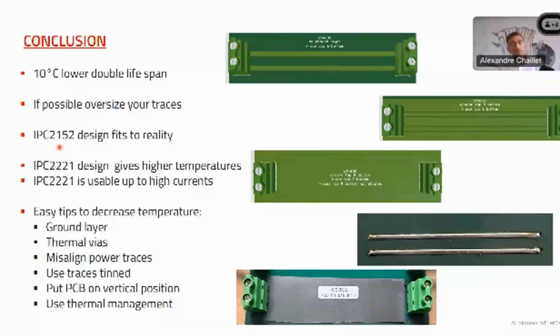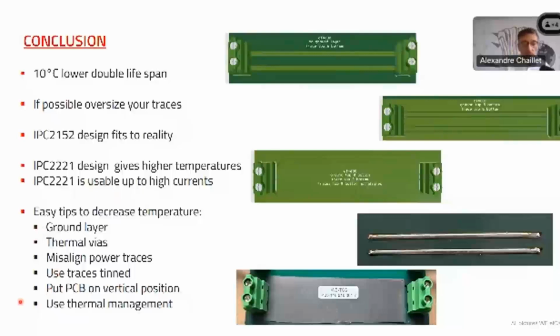IPC 2152 design fits reality better than IPC 2221. I don't know how you usually do your traces, but IPC 2221 is usable for high current. Easy tips to decrease temperature that we saw today: add maximum ground layer, use thermal vias if possible, misalign power traces or separate them, use trace tinning if it's possible for you.